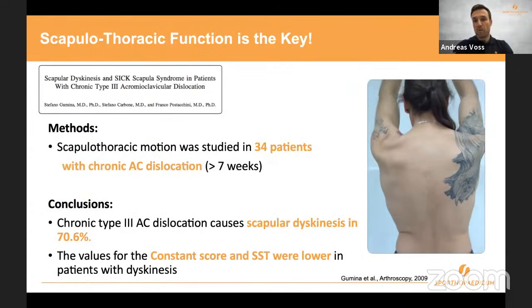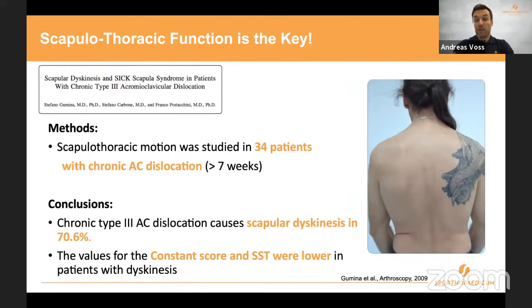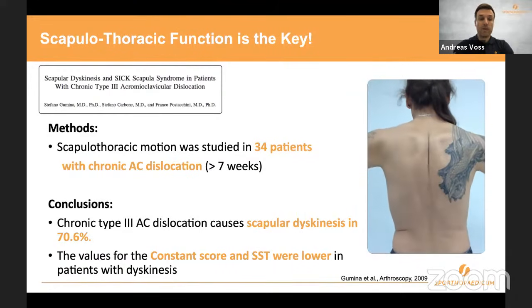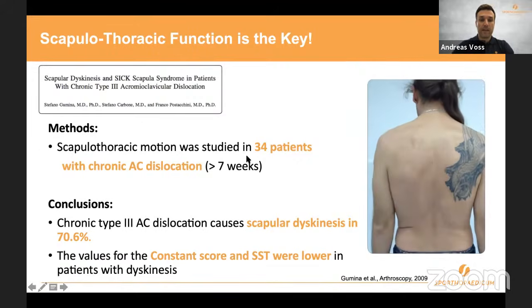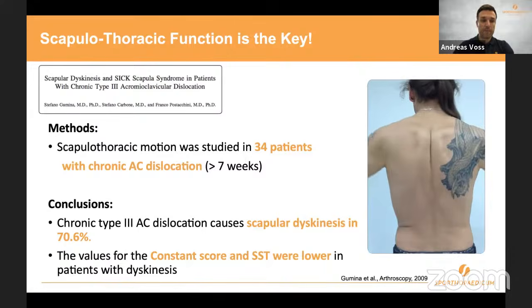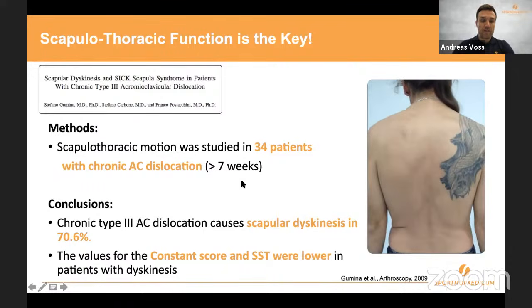What's also very important is scapulothoracic function, and it's the key to AC joint pathology treatment. So if you look at this study here, there were 34 patients treated with conservative treatment with chronic AC joint dislocations. That means older than 7 weeks.